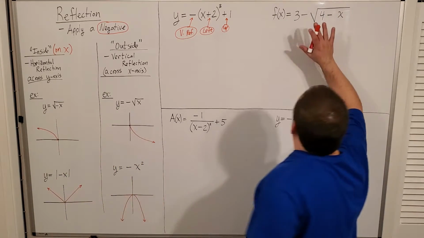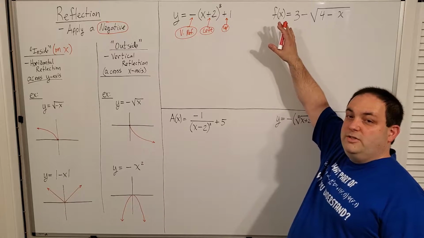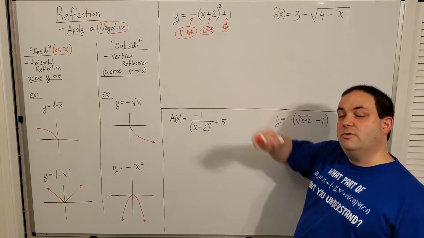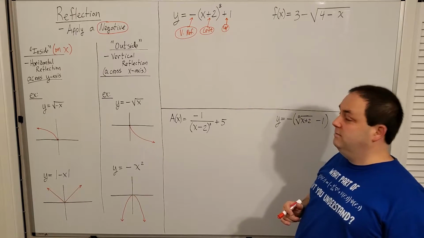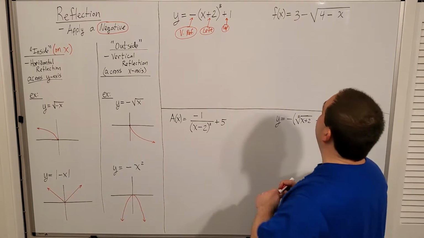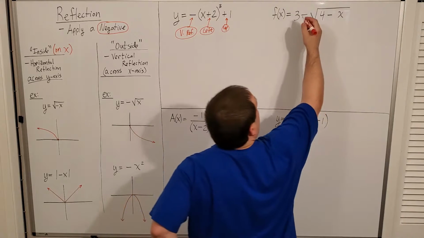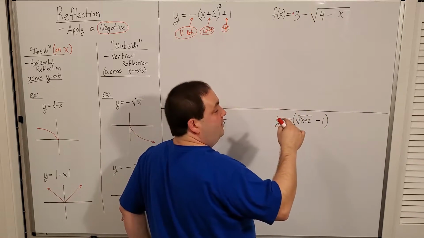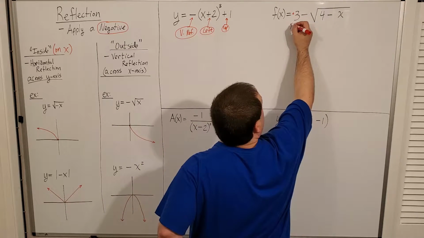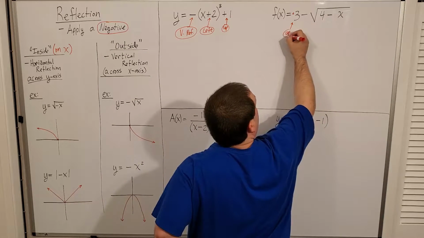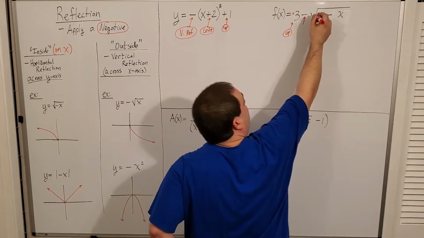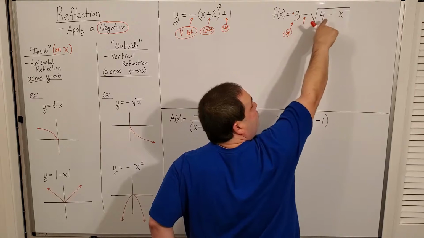Okay, now this one is a trick question. Somebody is seeing if you're paying attention here and if you're using that extra little check that I showed you in the last scene. Let's pick it apart. Okay? This is a +3. It's being added on the outside. So this is a shift up. This is a negative being multiplied to the function, right?